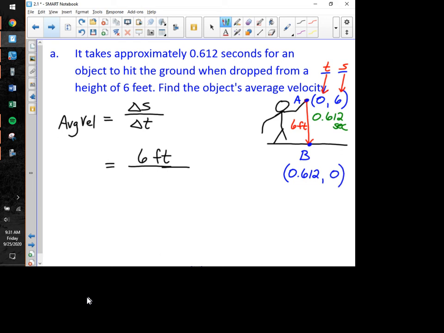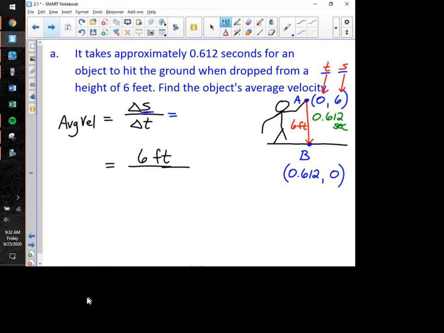Now when we go to find displacement, you always want to get in the habit, guys, of thinking ending minus starting. Every time you see displacement, you want to do ending minus starting. And the S means position. So we want to think of this as ending position minus starting position.